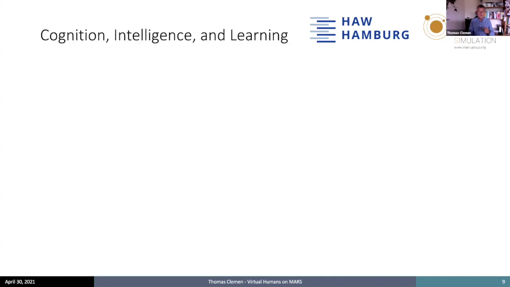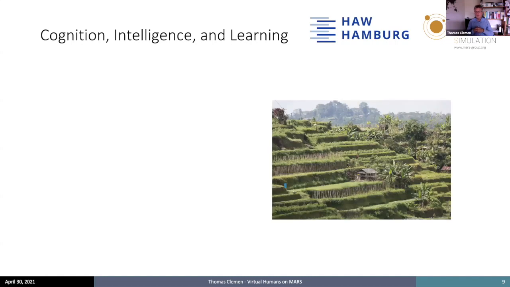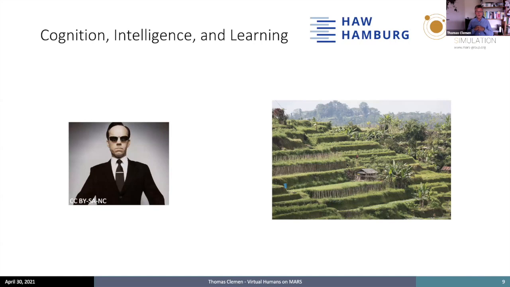And I would like to briefly step into the artificial intelligence area. I brought a picture from Bali as an example for a land use scenario. And I also brought a generic agent with me.